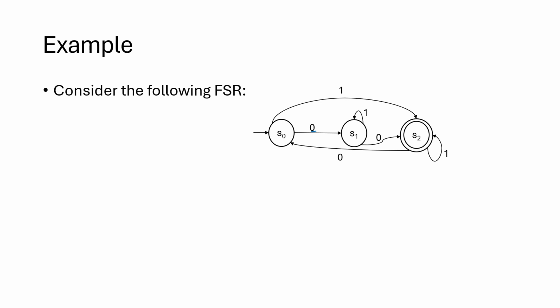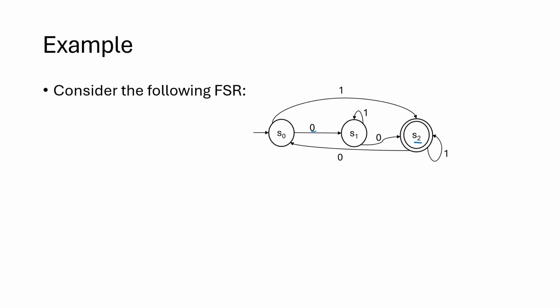And finally, the state that has two circles around it, in this case S2, is the accepting state. So after reading the entire input, if the final state that the machine is in is S2, it means that that input is accepted. If it ends up at any other state like S1 or S0, then that input is rejected.